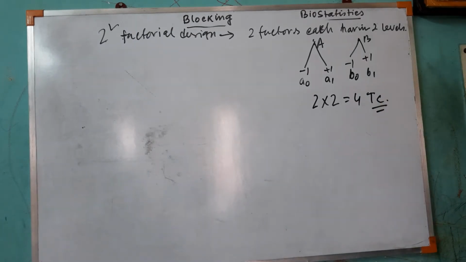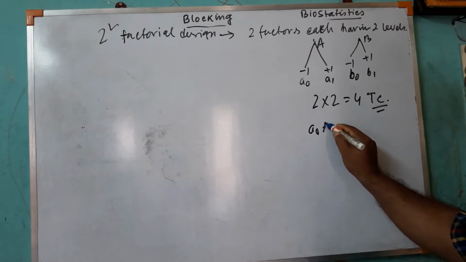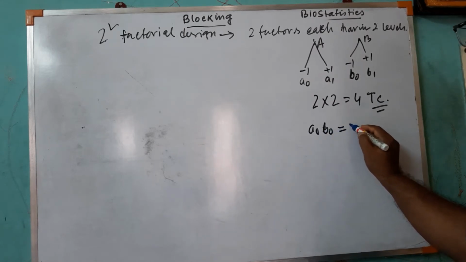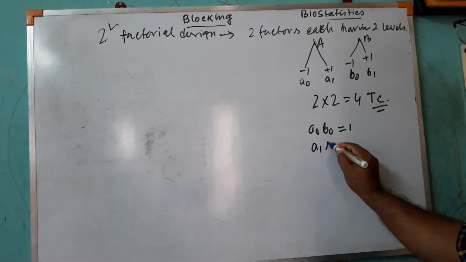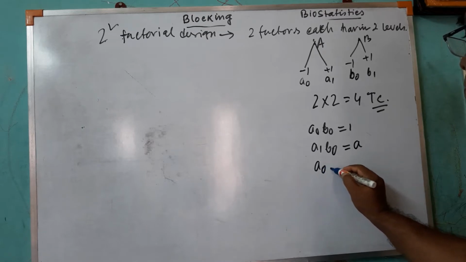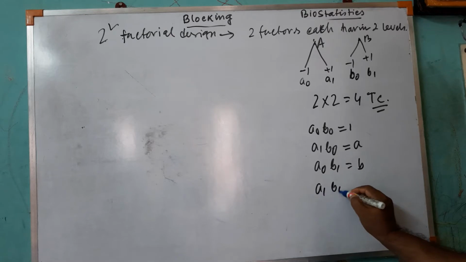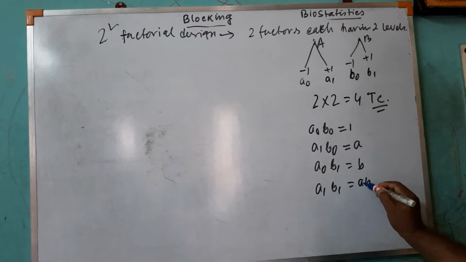TC means treatment combination, like A0, B0. This can be written as 1. A1, B0 can be written as A. A0, B1 can be written as B, and A1, B1 can be written as AB.